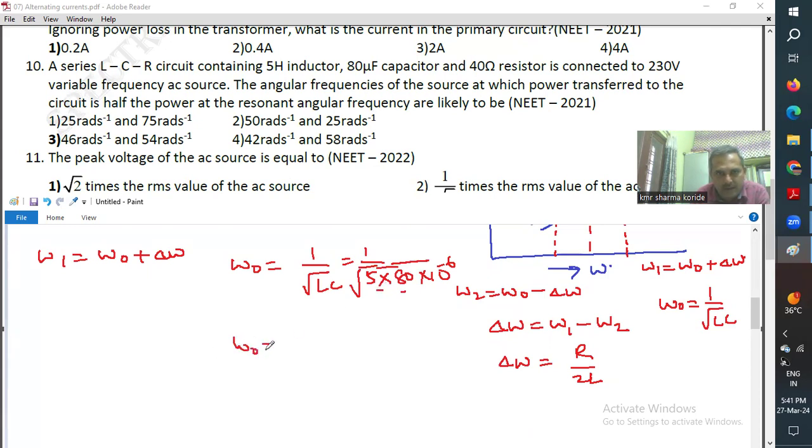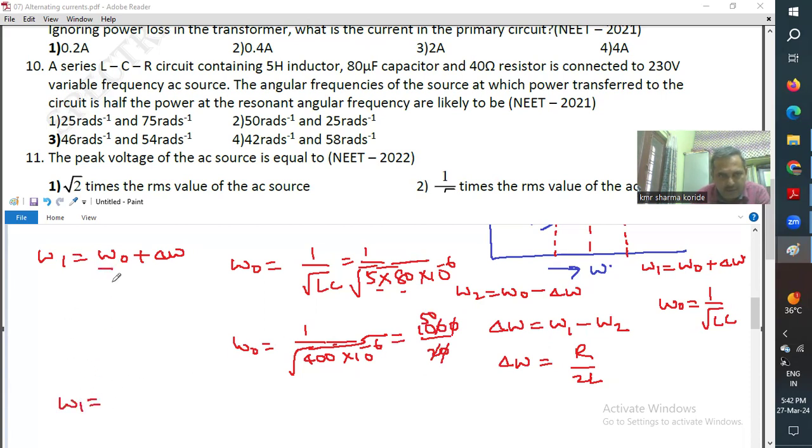So omega naught is equal to 1 by root of 400 into 10 to the power of minus 6. This is 20 into 10 to the power of minus 3, so taking it up, it will be 1000 by 20, so it will be 50. Therefore, omega naught is 50.